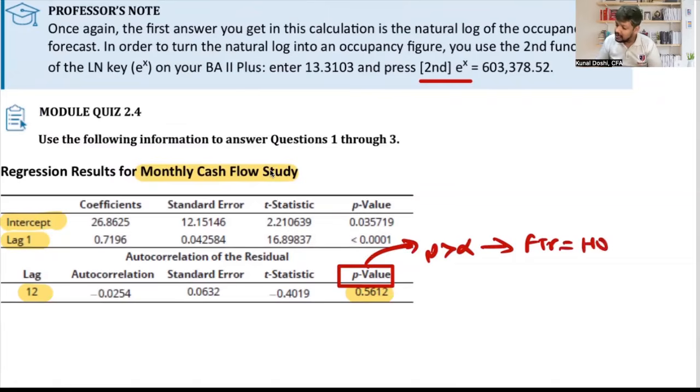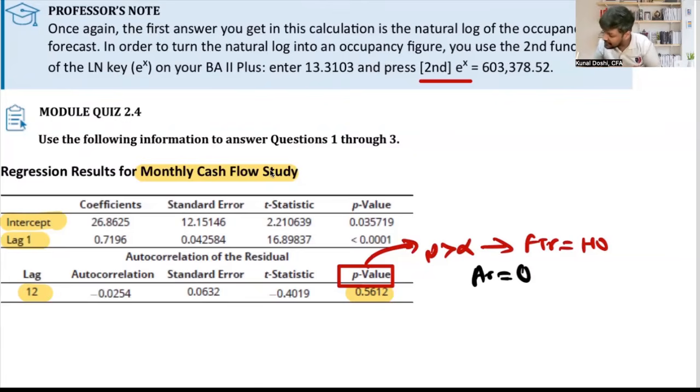And that means that there is seasonality or no seasonality. Can you tell me? Everyone, it's not significant, right? Because then I will conclude that the autocorrelation is 0 or not equal to 0. We fail to reject the null. Very interesting. When we fail to reject the null, the p-value is high.